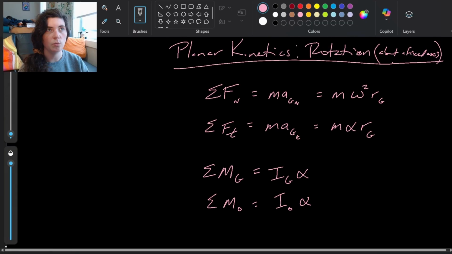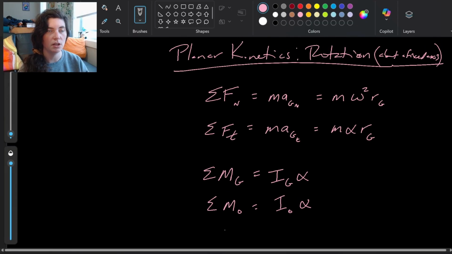Or we could also use the same equation that we used in translation, which was the sum of moments about any point is the sum of the moments in the kinetic diagram about a given point. So of any of these 3, we'll only use one of them for any given equation.